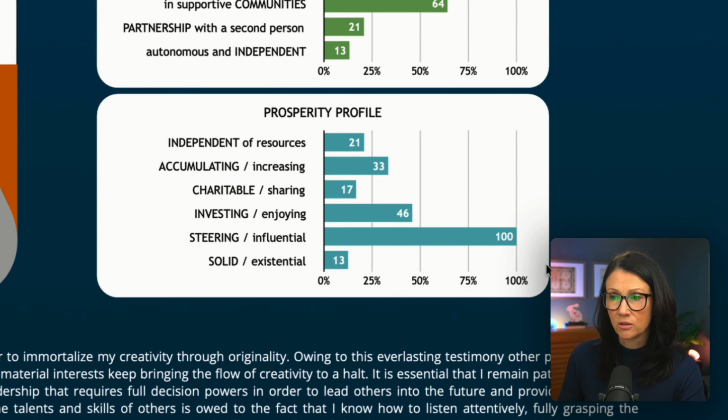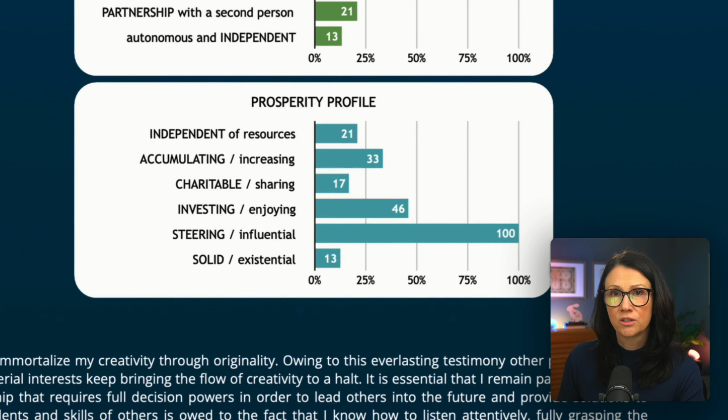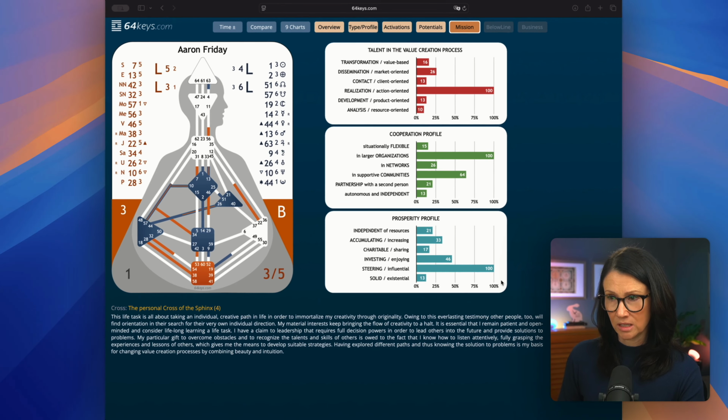And this prosperity profile shows us how an individual brings money or matter into an authentic, natural flow. Isn't that cool? So in the first variant, it's all about having a very good overview about income and expenditures and only spending money on things you really can afford. So all the decisions are really solid and the existential basis is very important to these people.